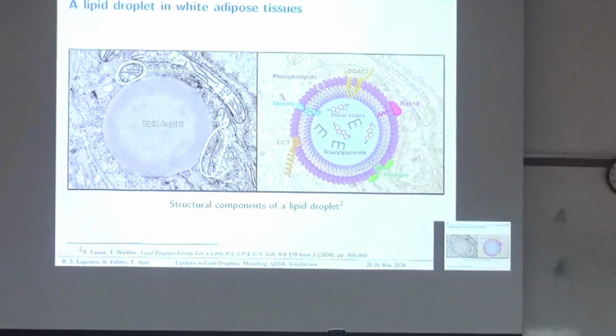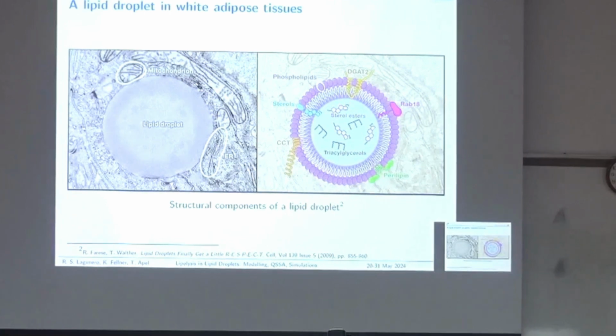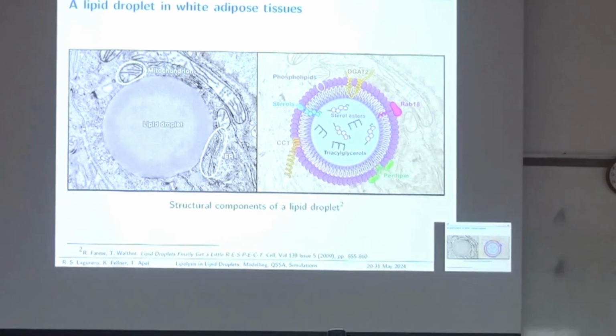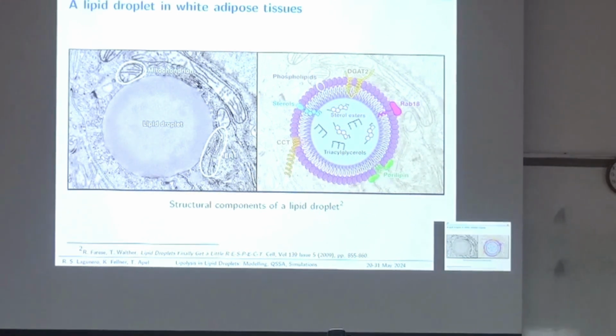What is important here is the structure of a lipid droplet. Inside the lipid droplet is a reservoir of triglycerides, a stock of triglycerides, and around the droplet are some layers of phospholipids. The enzymes then attach on the surface of this lipid droplet.